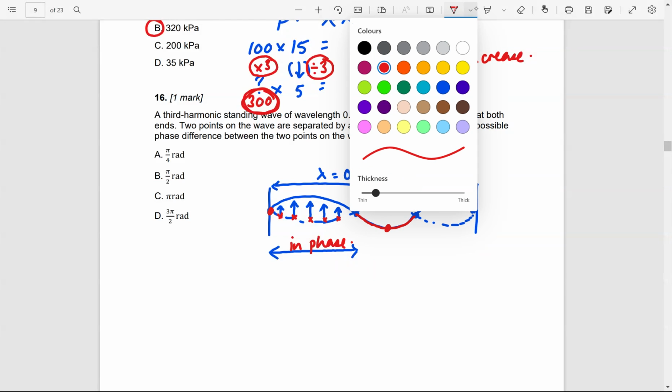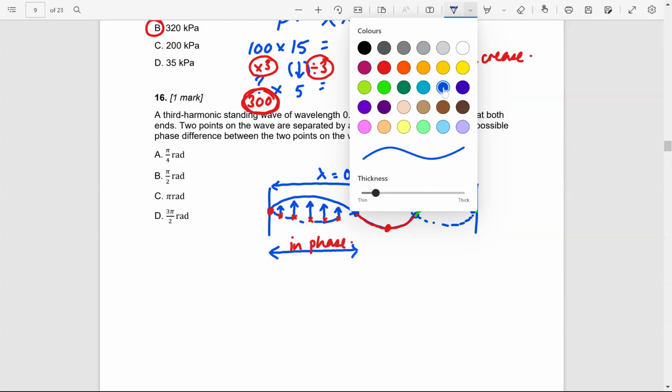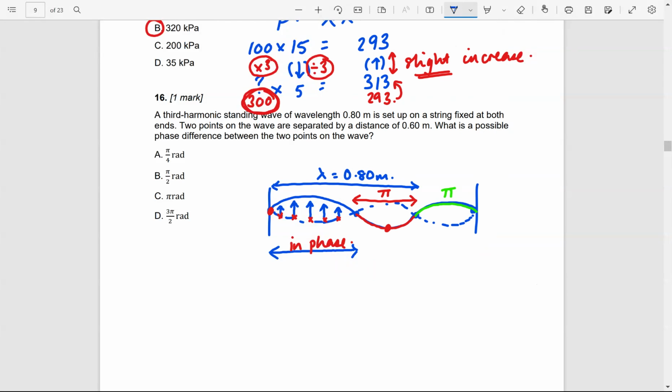And then for the next section, these parts are all in phase, and again they're an additional pi out of phase with the red section. So in other words, 2 pi out of phase, or back again in phase with the initial section. So what is the answer? This section and this section are pi rad out of phase.